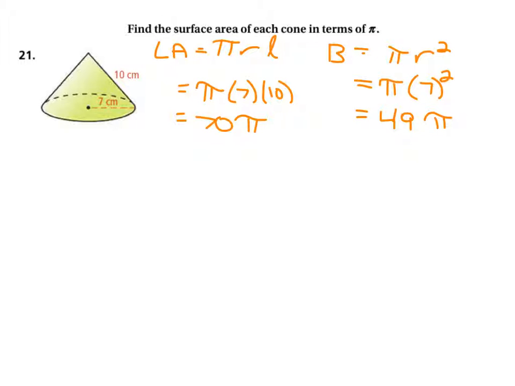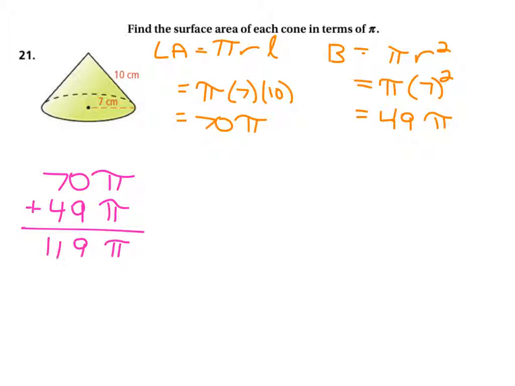And then we simply need to sum these together. 70 pi plus 49 pi is 119 pi centimeters squared.